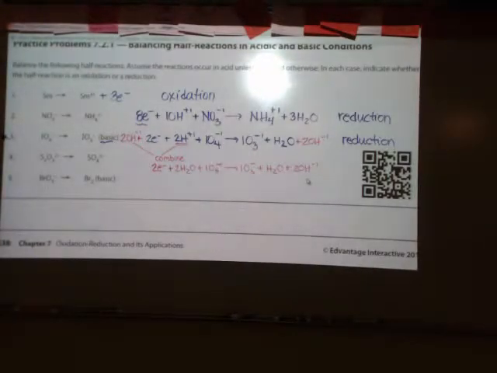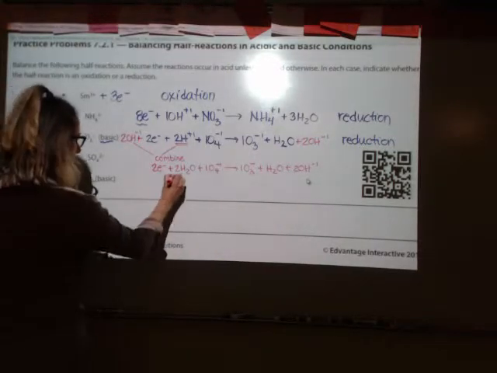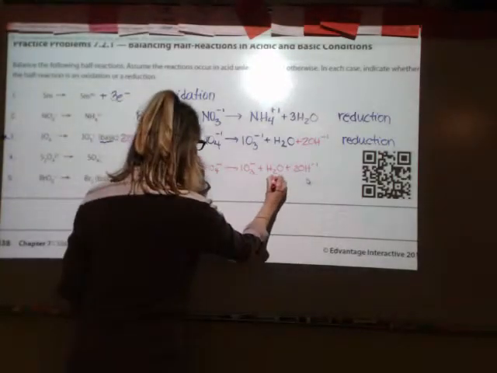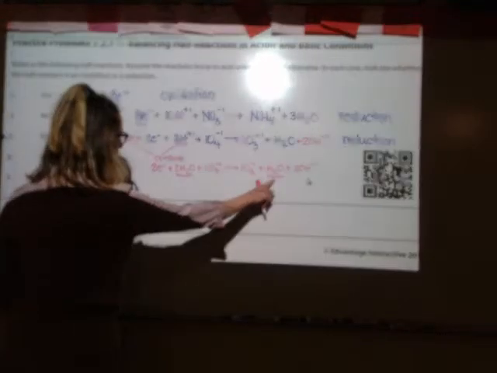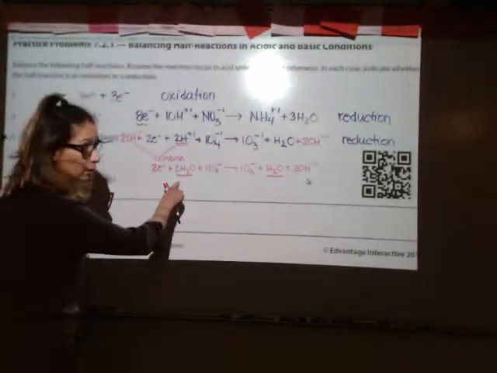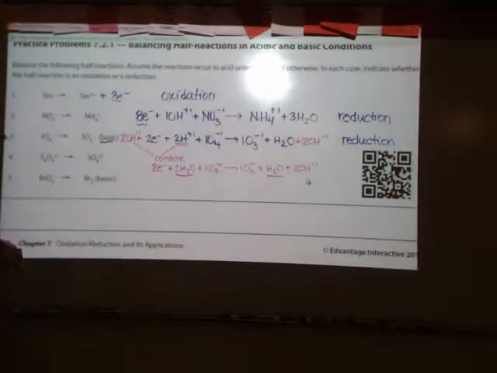Can I simplify anything else? See how I have multiple waters on either side? You have 2 water here, and you have 1 water here. Subtract this one from this side. So wherever you have more water, you're going to subtract the fewer from it.